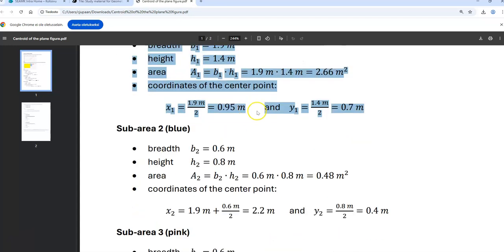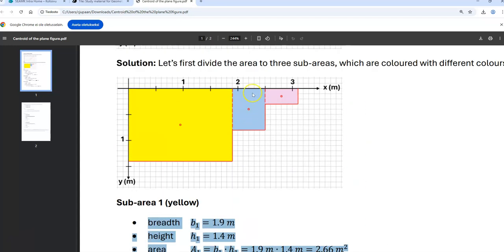And then sub-area 2, which I have colored with some kind of blue color, the same thing. The breadth or the width of the figure we can calculate from the count here. There are grids in the figure, so there will be 1, 2, 3, 4, 5, 6, and one grid is 0.1 meters.